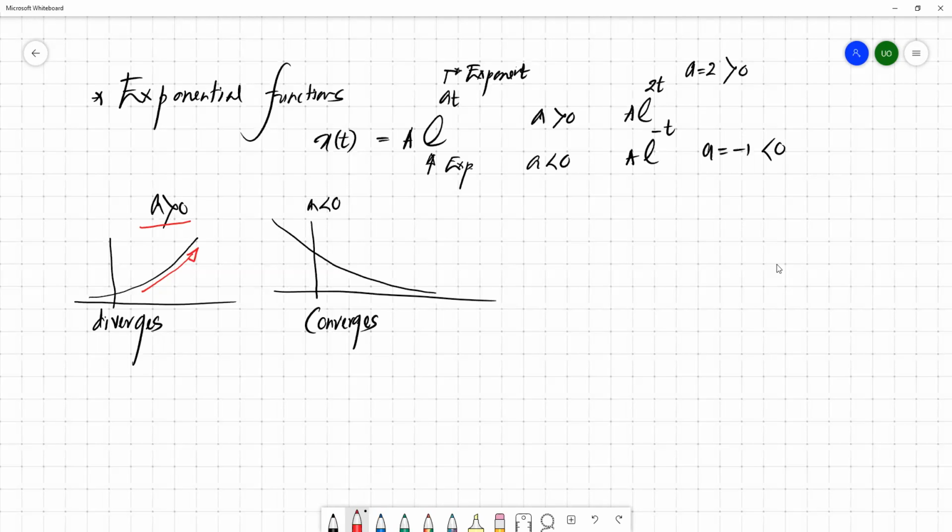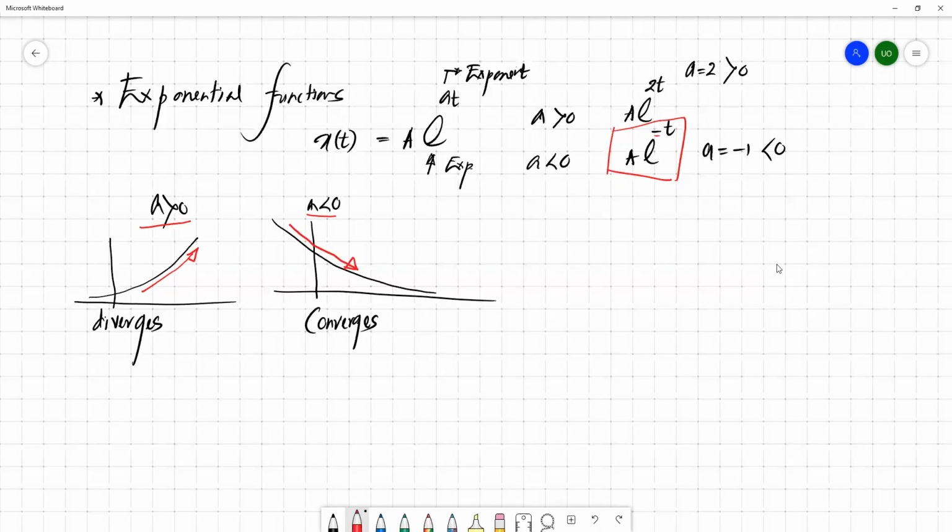For functions with a negative exponent, the function simply converges to 0. The amplitude of the function is continuously decreasing and converges to 0 when a is a negative value.